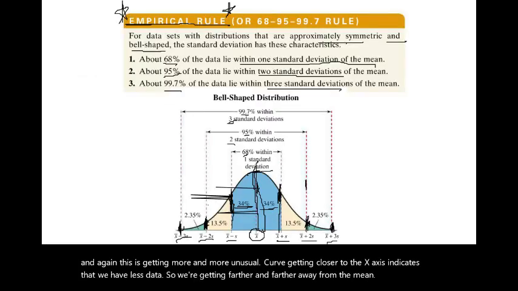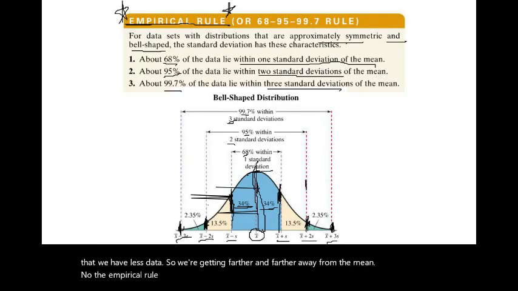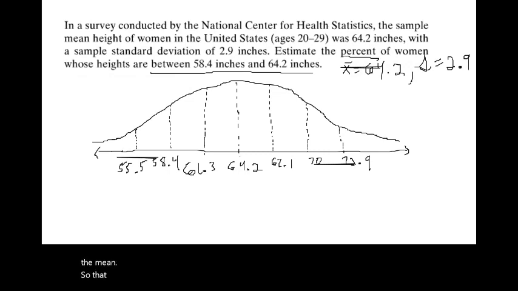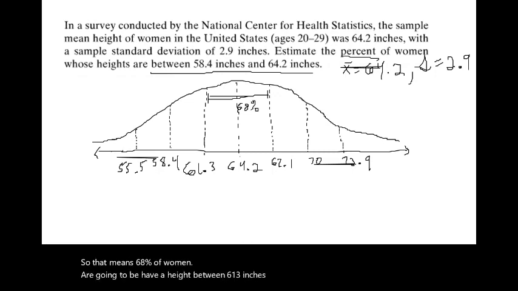Now, the empirical rule says that 68% of the data is going to fall within 1 standard deviation of the mean. So that means 68% of women are going to have a height between 61.3 inches and 67.1 inches.